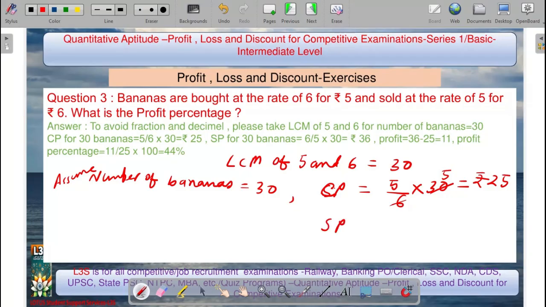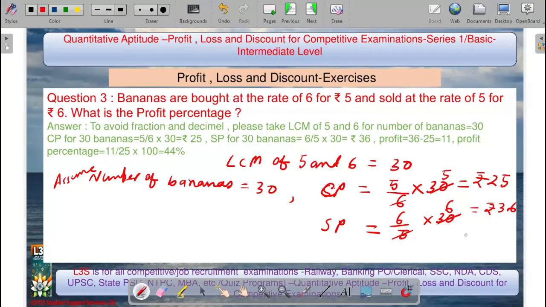Then selling price: sold at the rate of 5 for 6. If it is 5 for rupees 6, then 1 for rupees 6 by 5. So for 30 bananas, rupees 36. So sale price is rupees 36 and cost price is rupees 25.